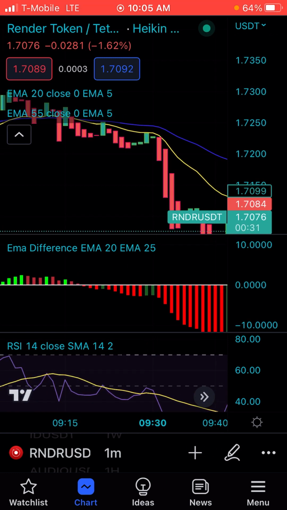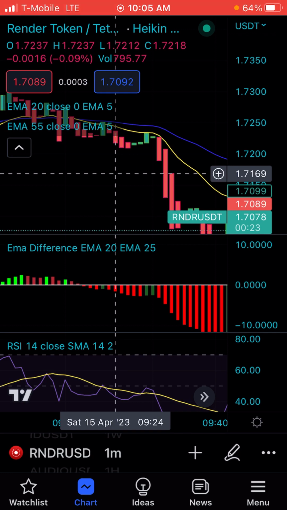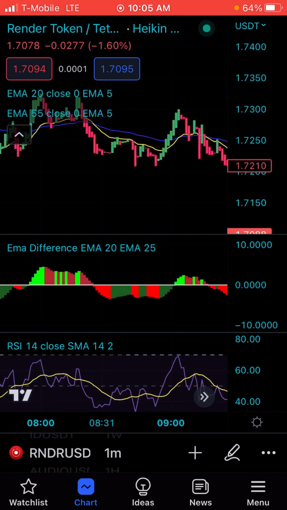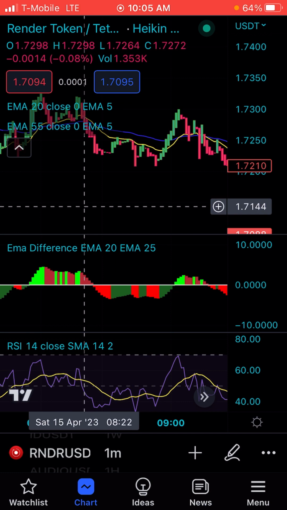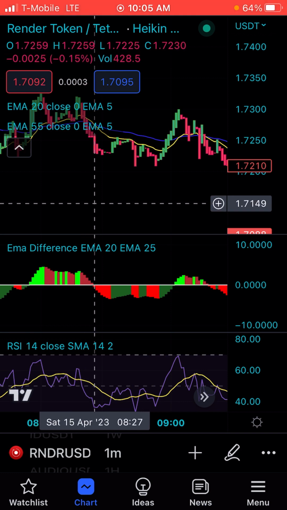Now, if we look at our EMA difference here, if we zoom out a bit, you'll notice that there's below and there's above. The white line is considered the zero line.